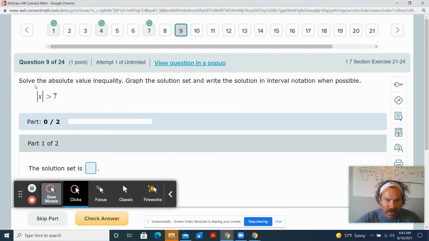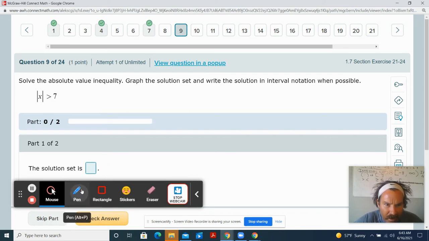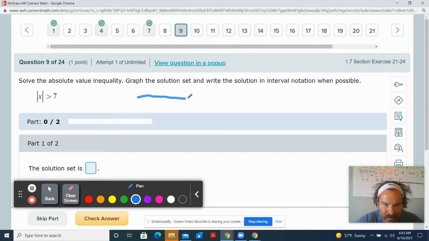Okay, so if you understand that, I'm going to draw another number line here. Okay, here's 0. Okay, so if we're more than 7 miles away, you can't be exactly 7 miles away.